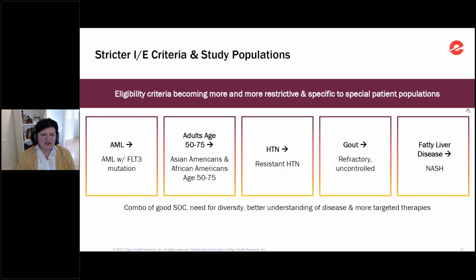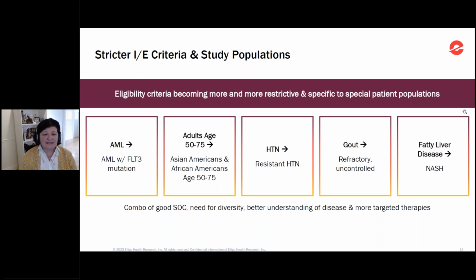So one of the challenges is that more and more of the trials are getting more narrowly focused in the patient population. In oncology, we see a lot of particular mutations. So it's no longer just the AML studies, which are hard enough to recruit on their own, but now we're looking for specific mutations, then looking for different age groups. You see this a lot in the vaccine trials, where they'll be targeting an older or younger population.